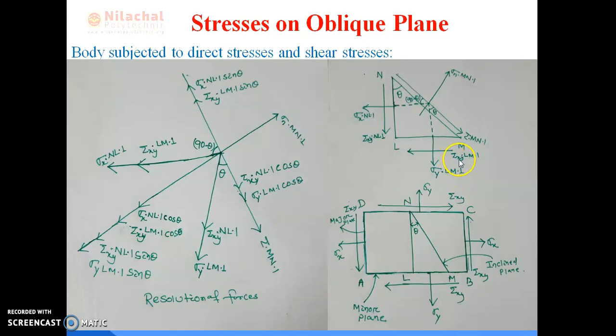Two shear stresses, tau xy, act upon the LM area, so tau xy LM into 1 is the shear force along LM. Along the vertical direction, shear stress tau xy is applied, and the shear force is tau xy NL into 1.